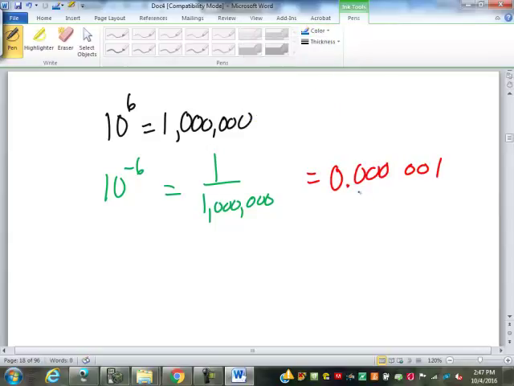There are not 6 zeros there, but there are 6 what? Decimal places. So when it's a negative power, the power is not the number of zeros, it is the number of decimal places. 10 to the negative 3 then can very quickly be calculated to be what? Don't give me the name of it, just spell it out. 0.001. 3 decimal places because it's the power of negative 3.